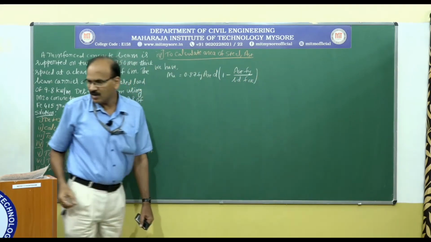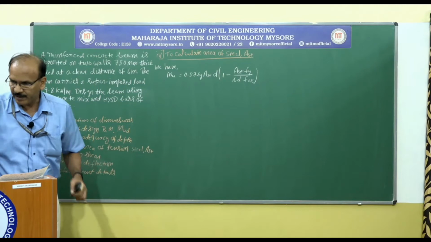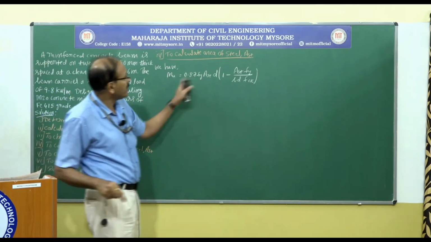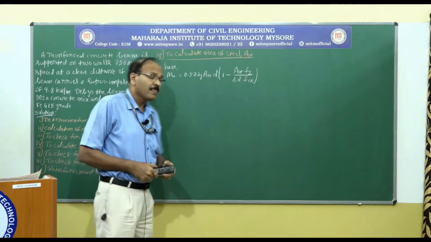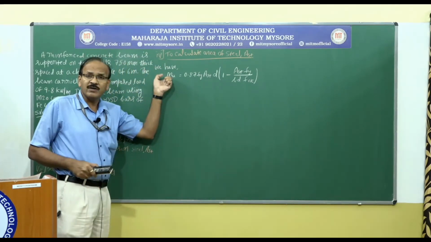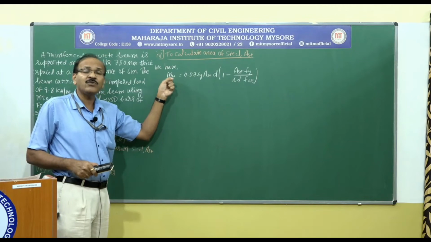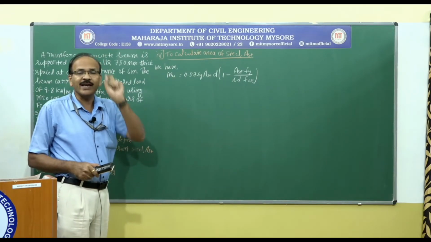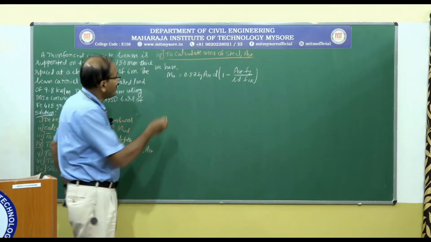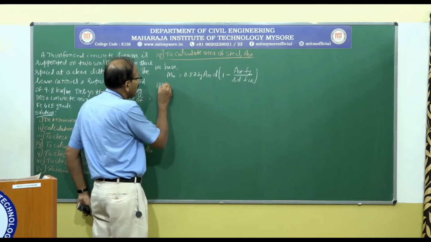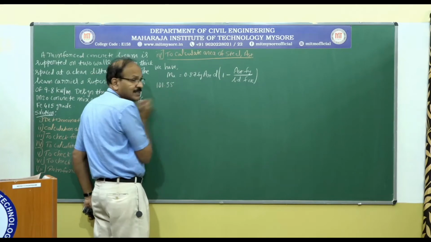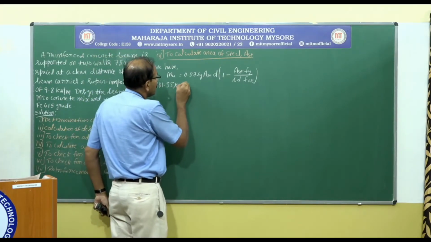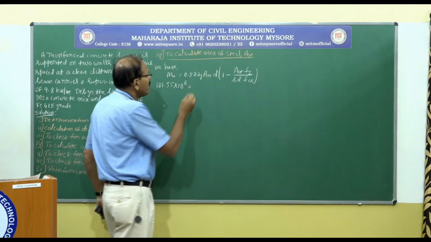This is the formula we have. Okay. And by substituting the known values here, and for MU we have to substitute the value of the design bending moment we got due to the external load. So what was the value? That was 101.55 kilonewton meter. Convert that value into Newton millimeter, that is equal to 0.87.